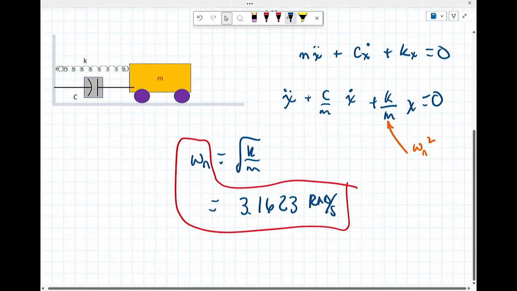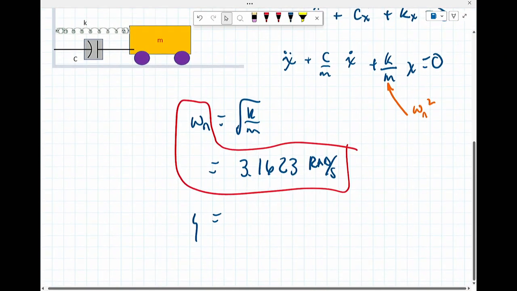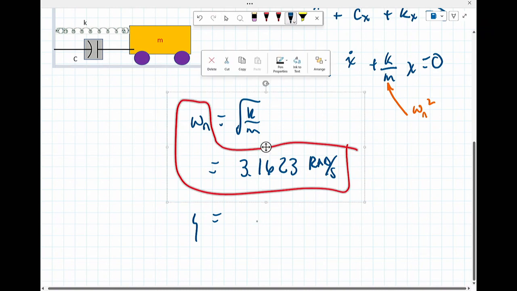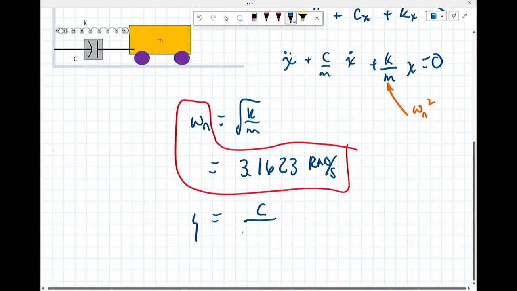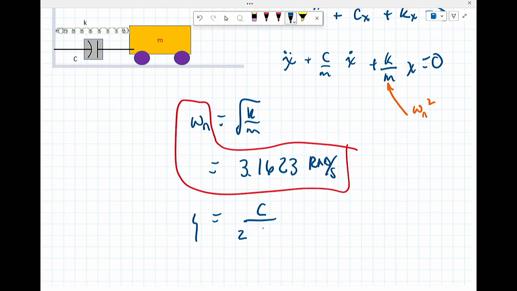And if I solve through for zeta, that's just going to be c over 2 times mass times omega n, and that is equal to a zeta of 5.923, and it's very much overdamped.